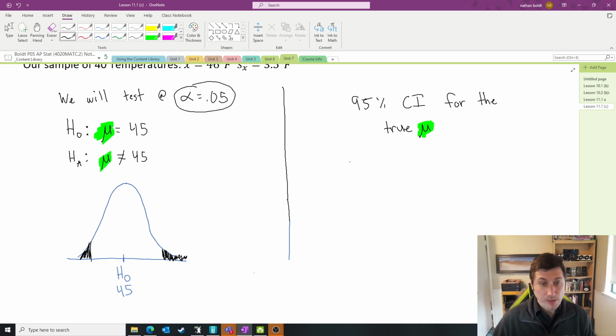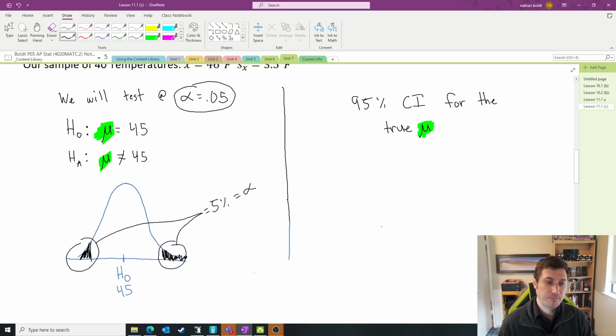That is actually the probability of a type 1 error, as a little side note there. But these two tails, right here, both of these together, are equal to 5%, or our alpha.